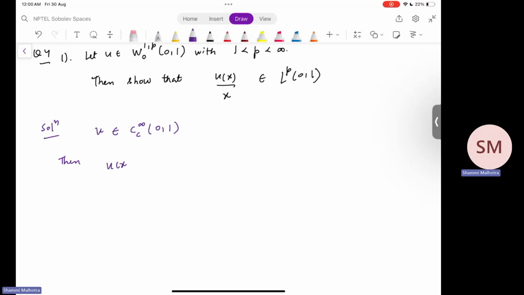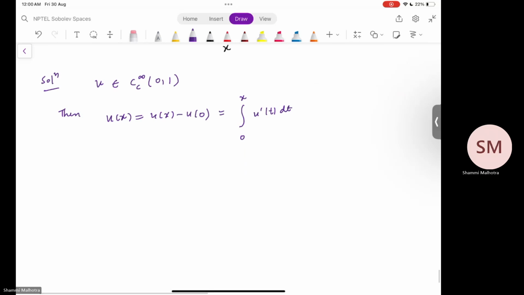u(x) is equal to u(x) minus u(0), and since these are absolutely continuous functions, I can write this as the integration from 0 to x of u'(t) dt. And then we can use the Hölder inequality.